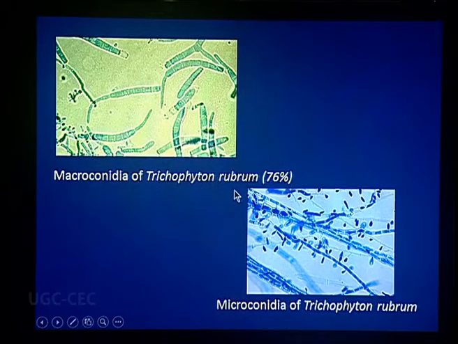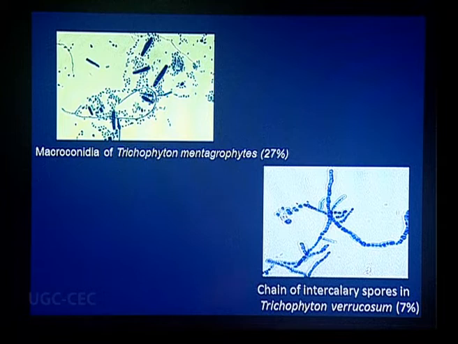Now, let us consider the different frequencies. As I told you, Trichophyton is a major key player. Trichophyton rubrum is responsible for 76% of infections, and they may be present as macroconidia and microconidia. But Trichophyton mentagrophytes are responsible for 27% of infections, and Trichophyton verrucosum, with its intercalary spores, accounts for 7% of dermatophytic infection, globally.